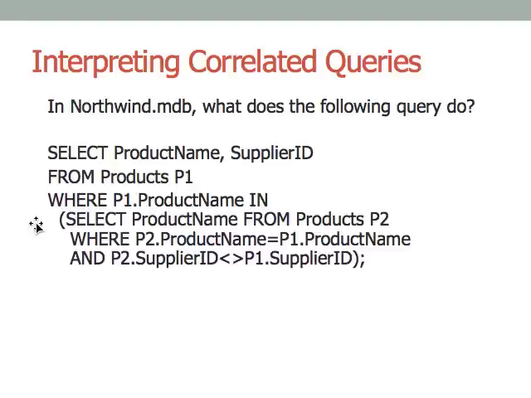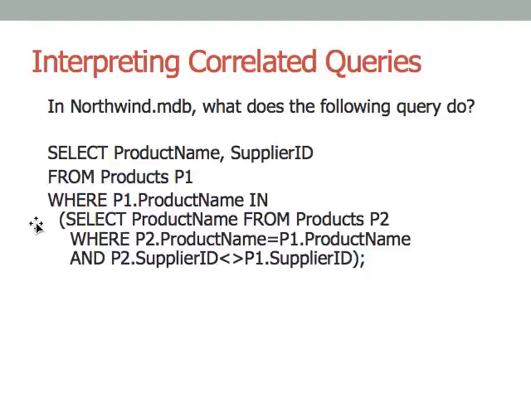So two aliases for the same table. Think of two copies, one is P1, one is P2, but they both point to the product table. So we are comparing two copies of the product table, looking at the first row from product as P1, comparing with all the rows one by one from product as P2.